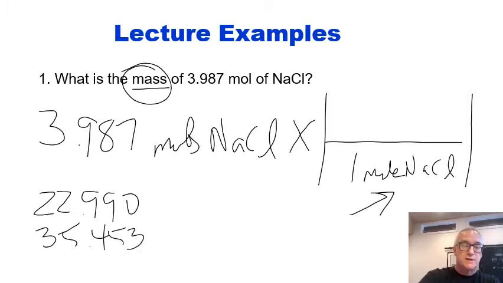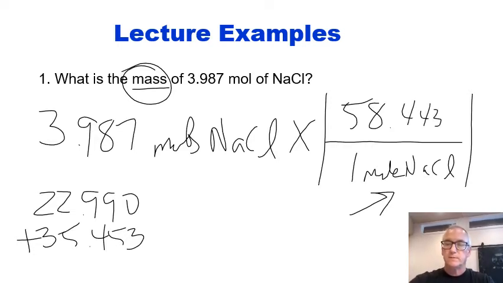I add those together, and I get a total of 58.443 grams. Now, like I said, use as many significant digits as you can, because it will increase the precision of your answer.